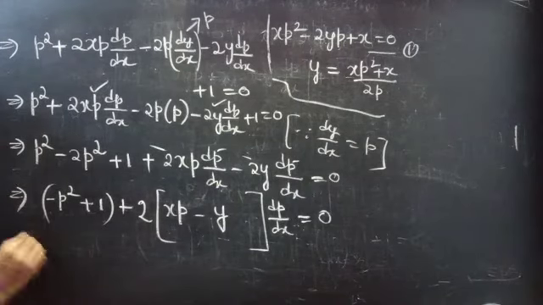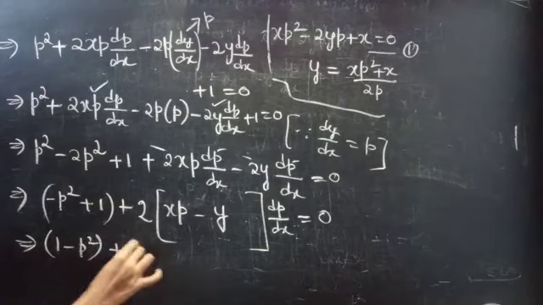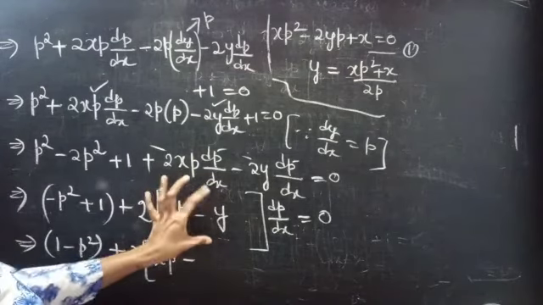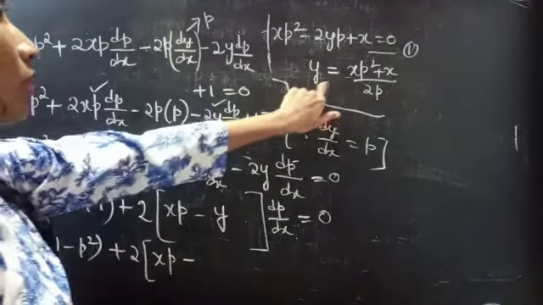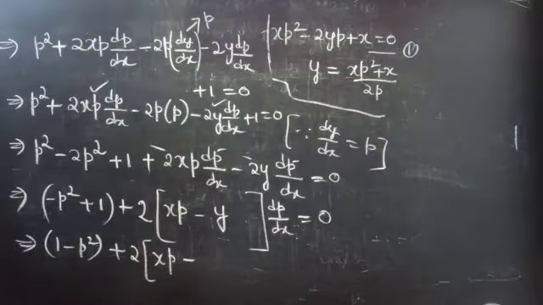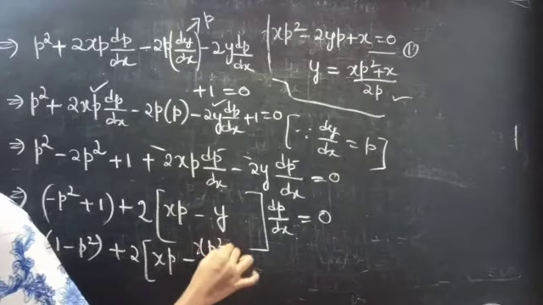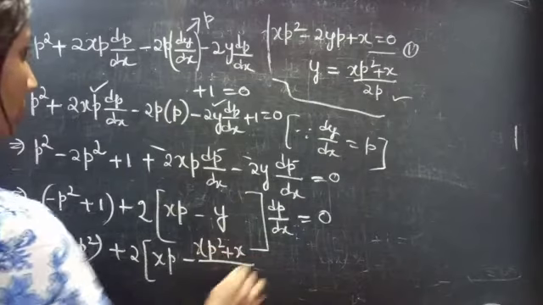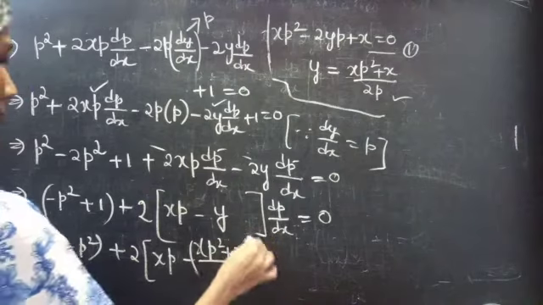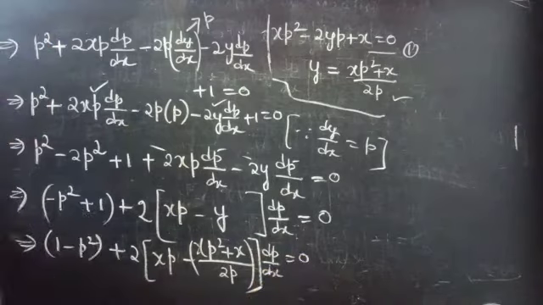Then you can write minus p square plus 1 as 1 minus p square, plus 2 times (xp minus y), now we'll eliminate y by replacing y by (xp square plus x) by 2p, into dp by dx equals 0.